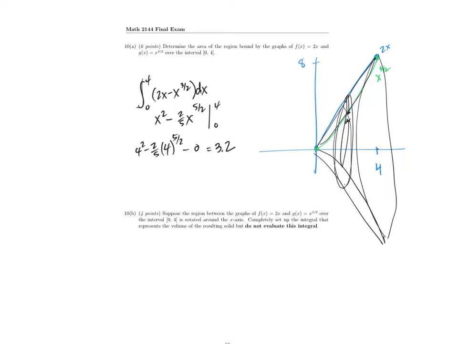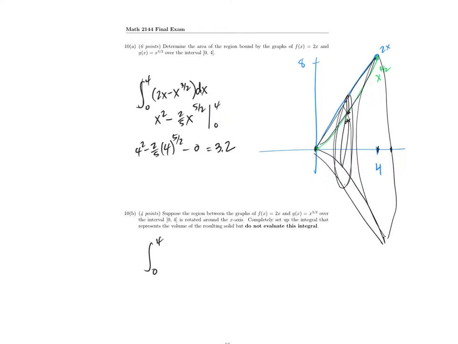Okay, and so that little disc that I've made, well, it's a washer really, because the middle of it is cut out. So if I think about the volume of that washer, I can set this up. So I want to add up all those little washers, and again, I'm adding up all the washers from x equals 0 to x equals 4.